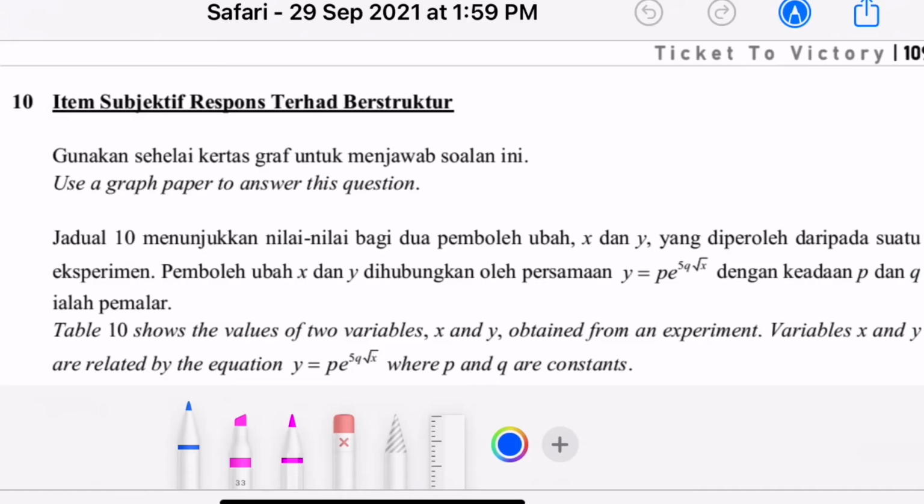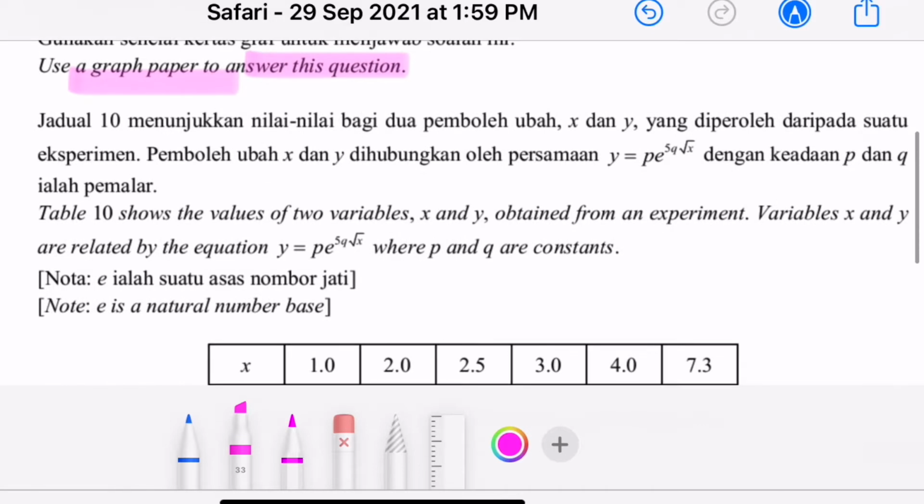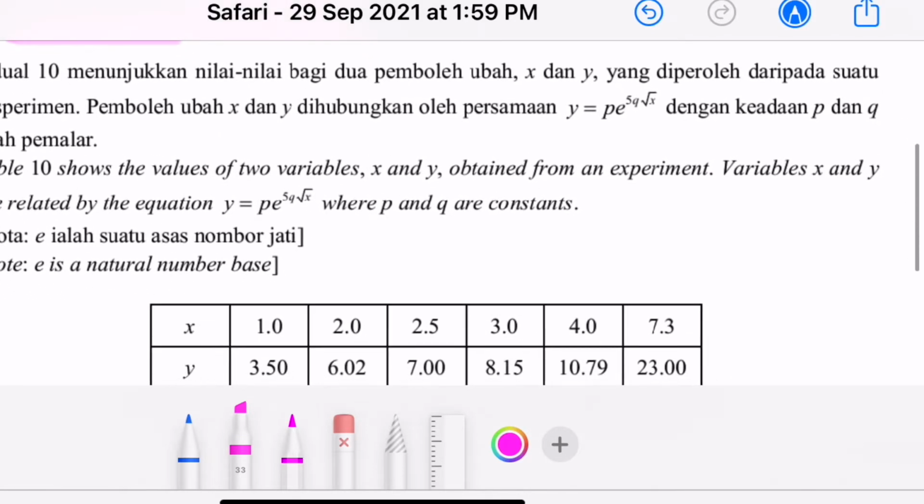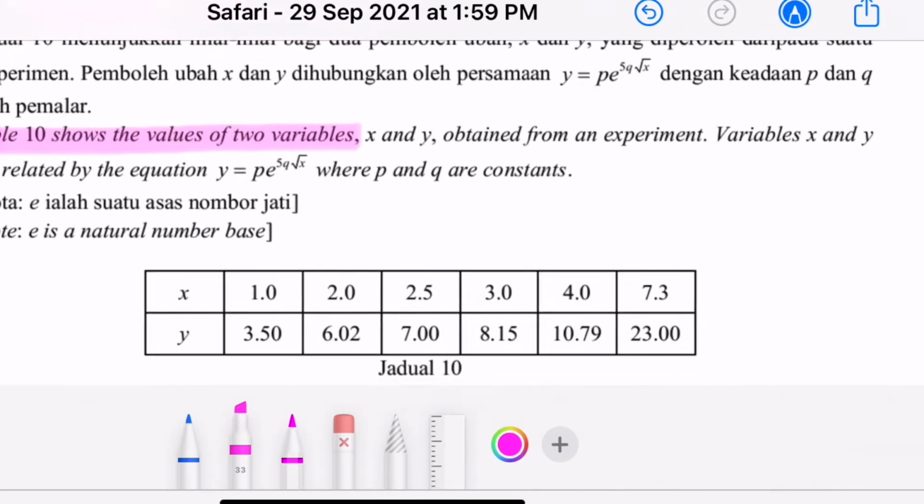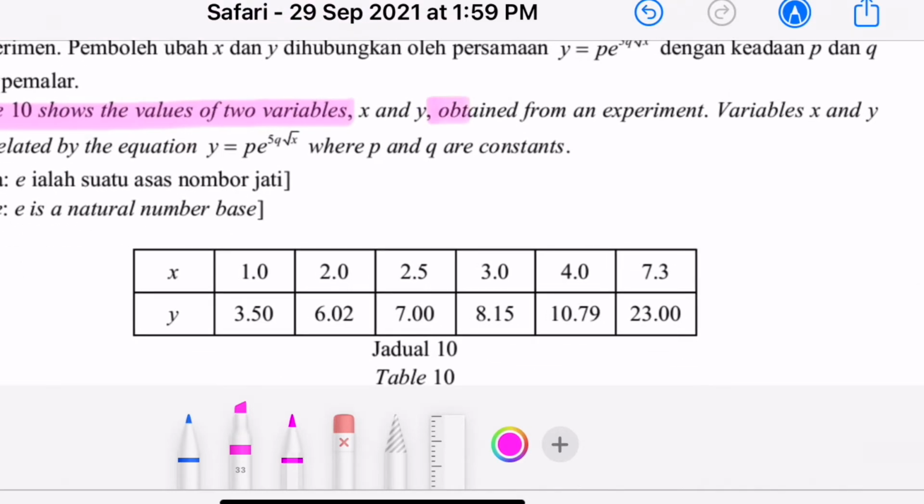Question number 10. You are asked to use graph paper to answer this question. Table 10 shows the values of two variables x and y obtained from an experiment.